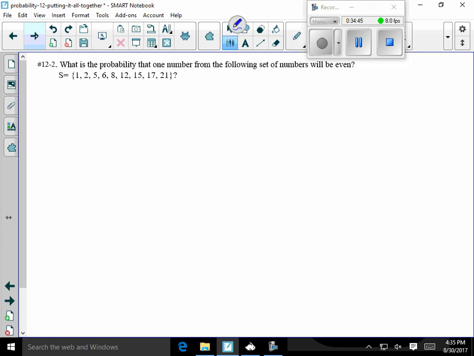We're going to do probability of having an even number. So we're going to use the equally likely cases. The bottom is going to be a count of the sample space, right? And the top is going to be the count of the event space, right? So the sample space is already listed out. And if I count that up, there's 1, 2, 3, 4, 5, 6, 7, 8, 9 numbers in there. So there's 9 possible equally likely choices to make. And then the event space is only the even numbers.